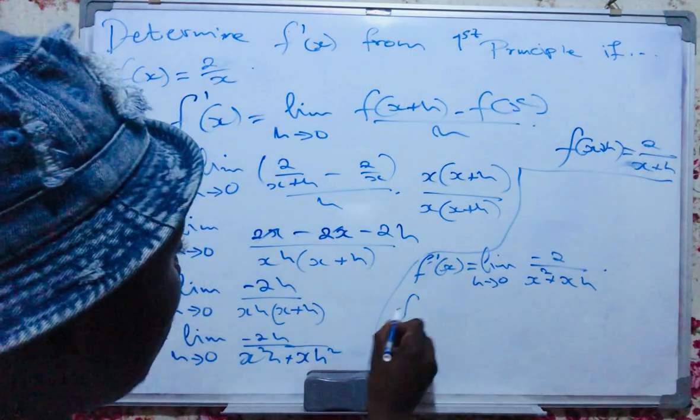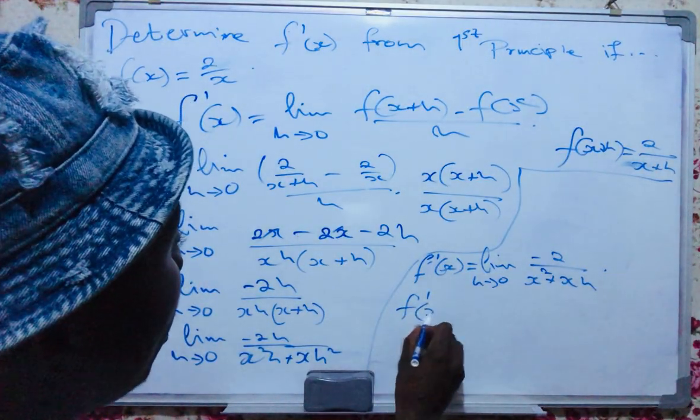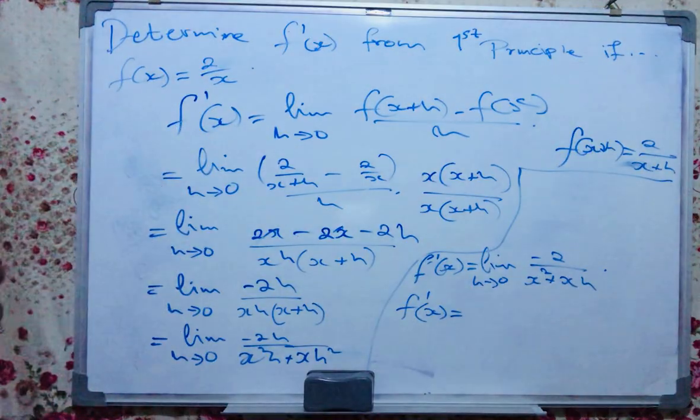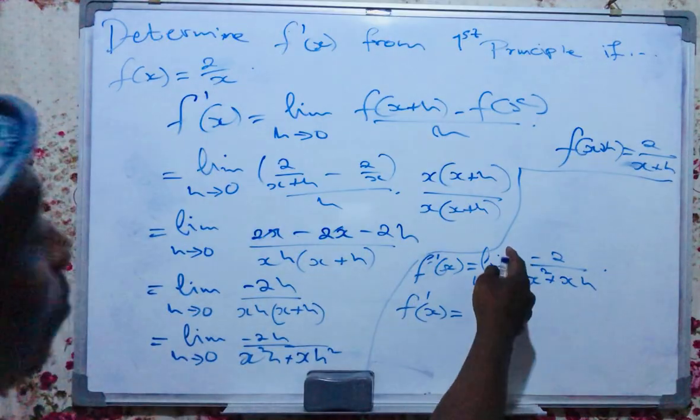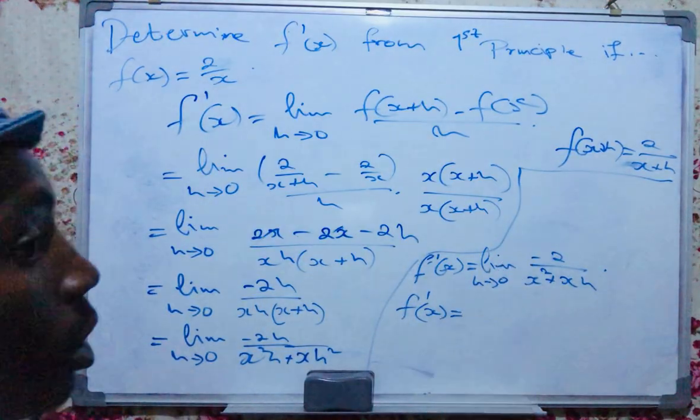But we shouldn't forget that h is approaching 0. This is a limit that we are taking for h approaching 0.